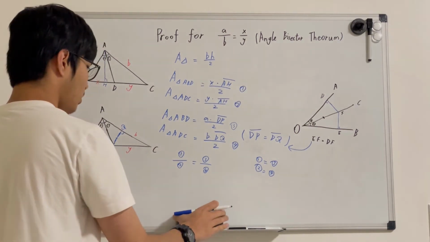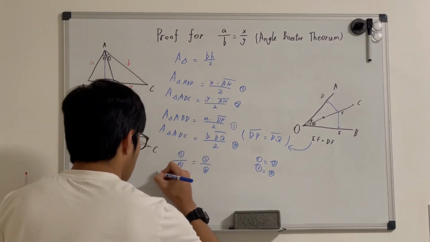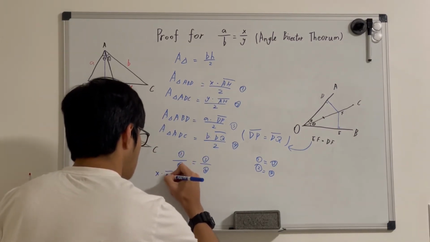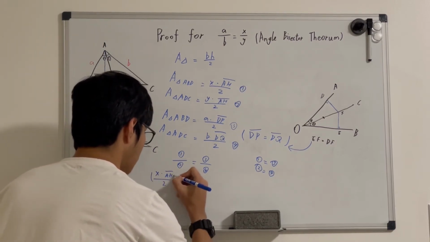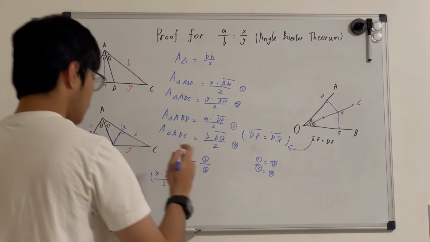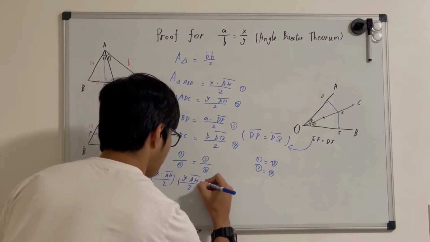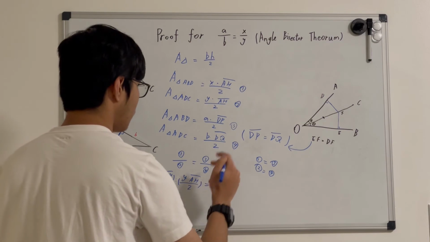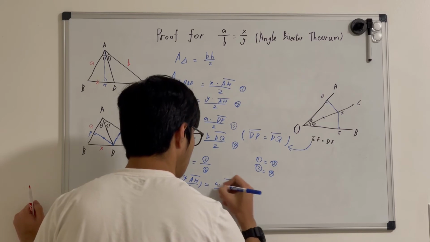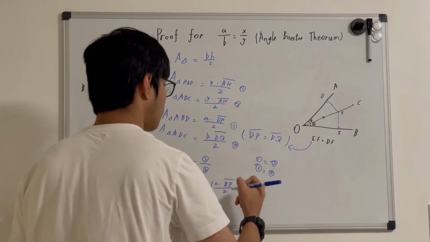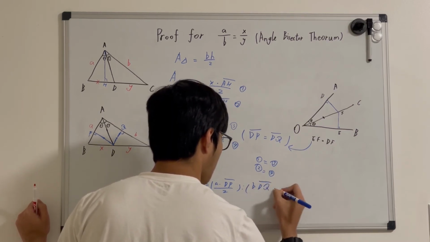So this will be x times AH divided by 2, in ratio with y times AH divided by 2, equals, now it's 3 and 4, a times dP divided by 2 in ratio with b times dQ over 2.